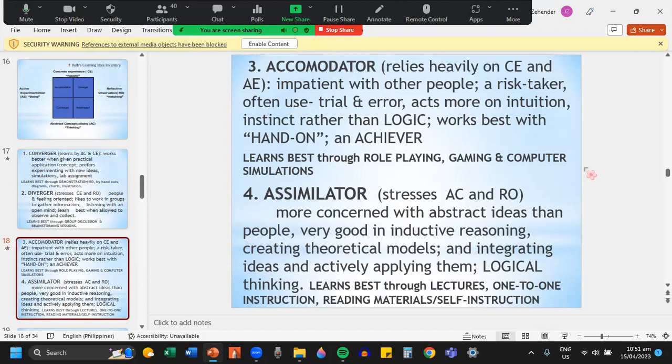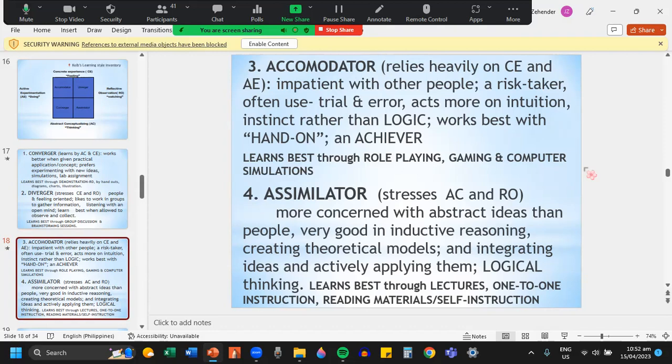Okay, so, moving on, we have the fourth one, and that is the assimilator. So, assimilators, they focus on abstract conceptualizing. They're into thinking and at the same time, reflective observation. Okay, so those who fall under assimilator, they are more concerned with abstract ideas than people.